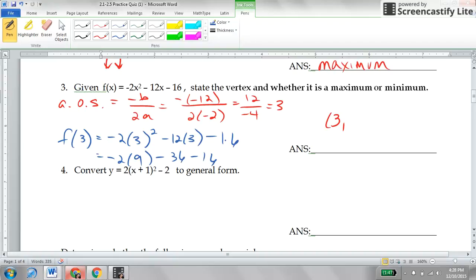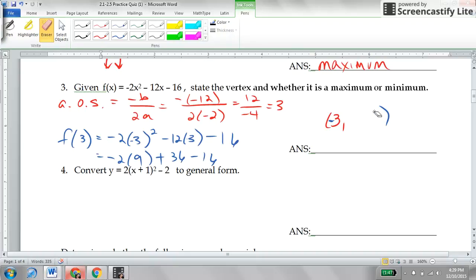It's negative 70. To determine whether it's a maximum or a minimum, oh, this should have been a negative 3, shouldn't it? That is why that number is ugly. Negative 3, so this should be plus 36. I wish you guys would stop me. Just kidding. So this is not negative 70.